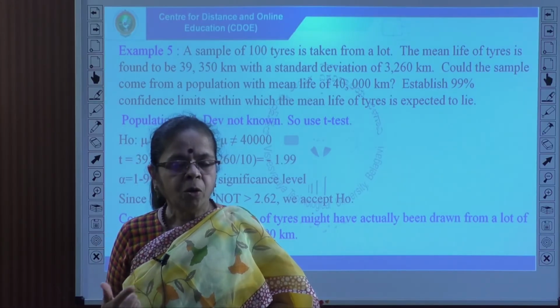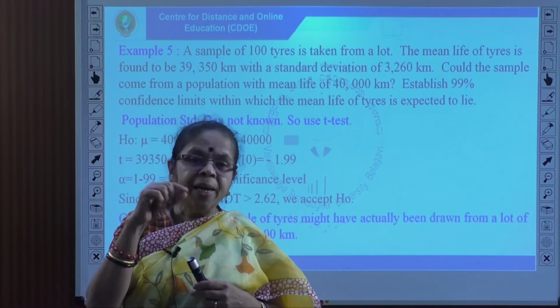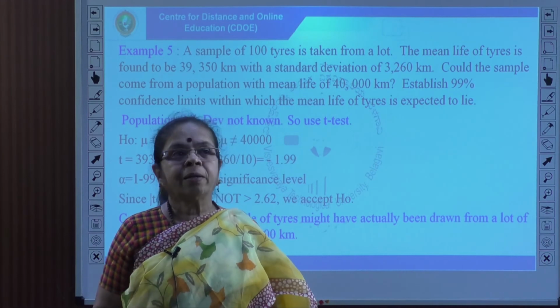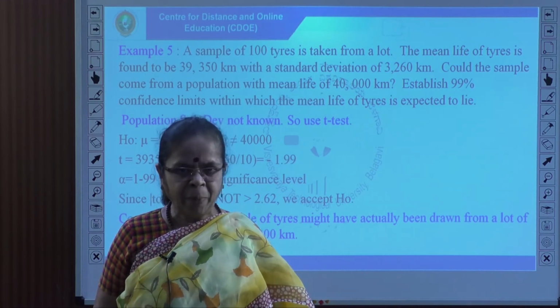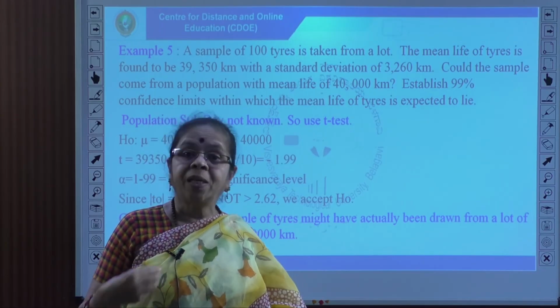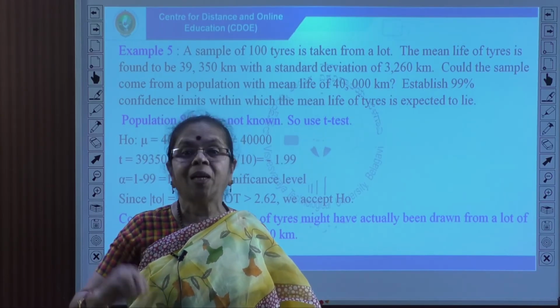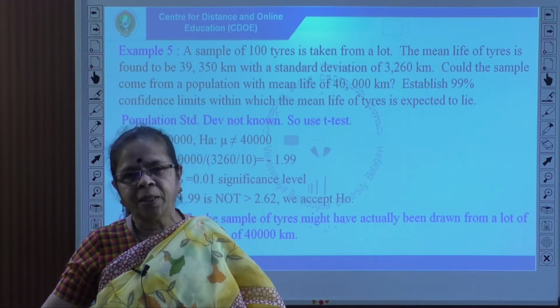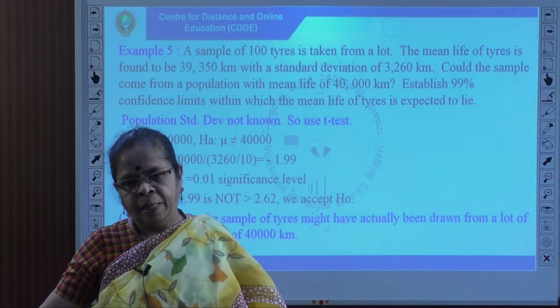Are you getting it? The end result of your acceptance or rejection of a hypothesis is either the validity of a statement made by somebody, or a comparison, or a decision, or a final conclusion. Here the final conclusion is that it comes from the same lot.